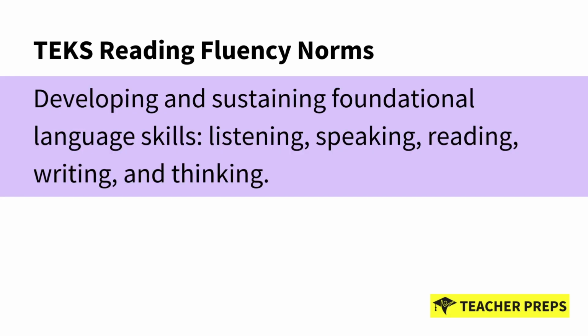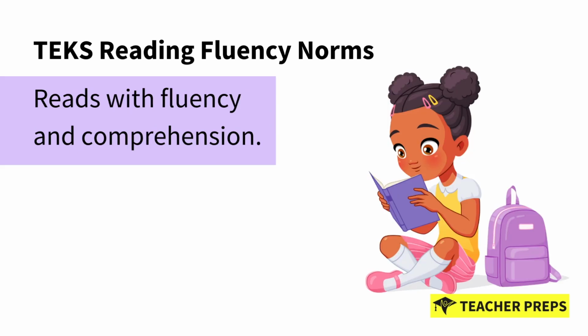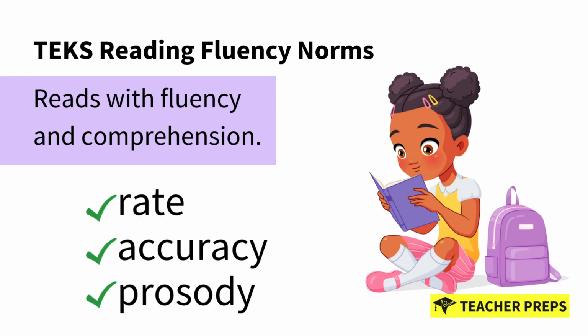The next TExES Essential Knowledge and Skills for grades 4 through 6 states students should read grade appropriate texts independently and self-select text to read independently for a sustained period of time. The next is developing and sustaining foundational language skills: listening, speaking, reading, writing, and thinking. The student reads grade level text with fluency and comprehension. The student is expected to use appropriate fluency, such as rate, accuracy, and prosody, when reading the grade level of their text.